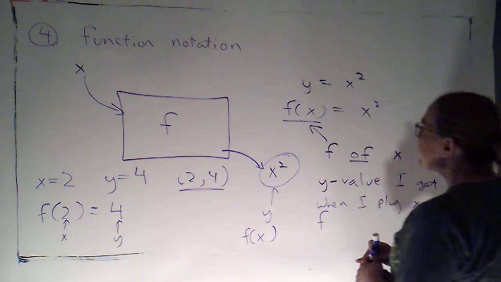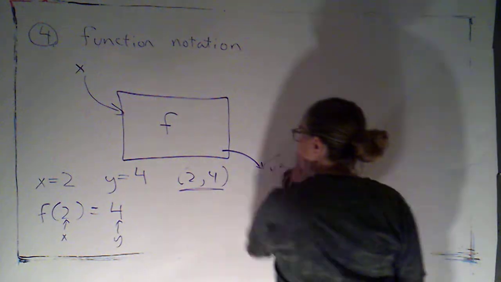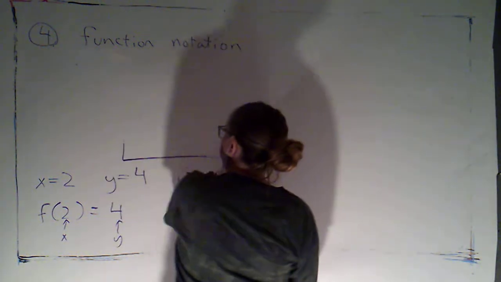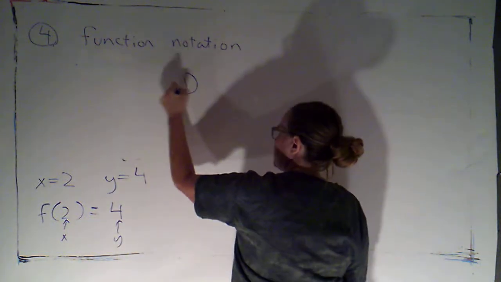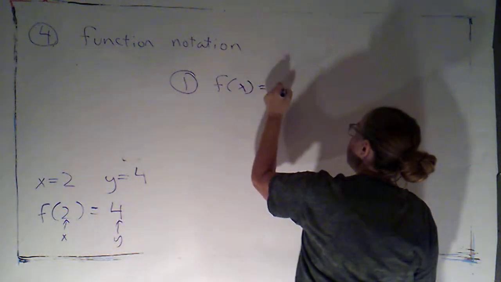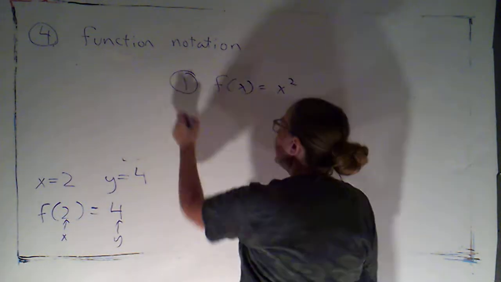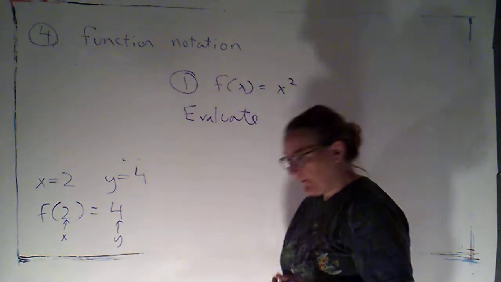so let's just practice using this function notation. So if I look at question 1 on the worksheet, it is f of x equals x squared. And the directions are to evaluate. Okay.